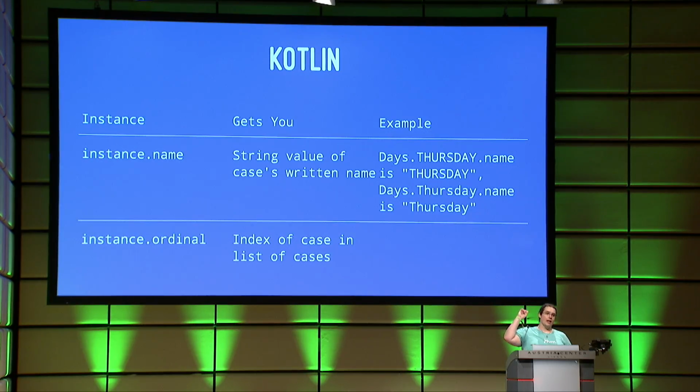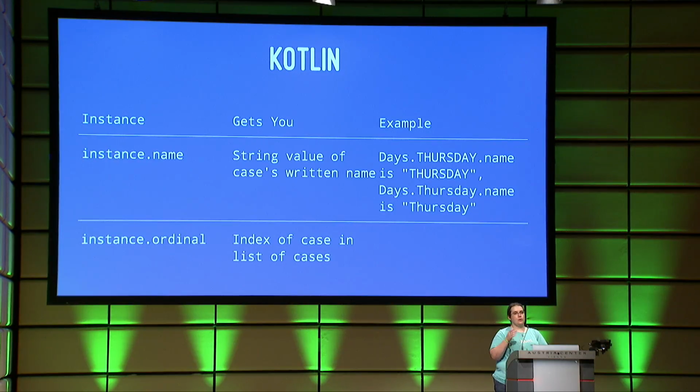And as I've noted here, this is actually a direct pull from your name. So if you have named something the shouty case THURSDAY, then it will give you back a string that says THURSDAY. Whereas if you just use traditional capitalization, it just gives you back Thursday.